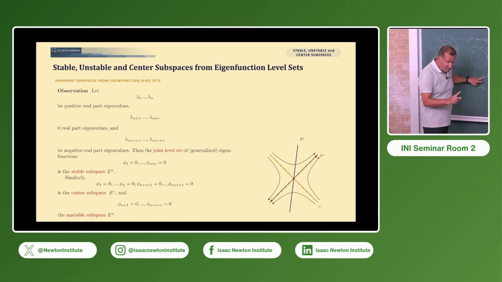So the stable subspace is generated by zero level sets of unstable and center eigenfunctions.